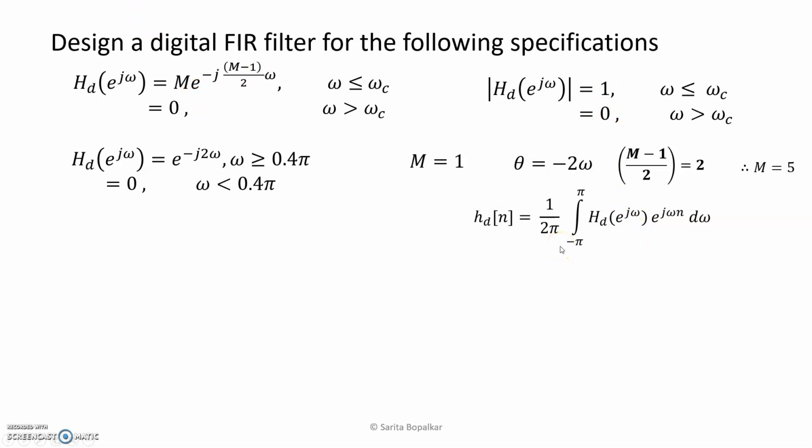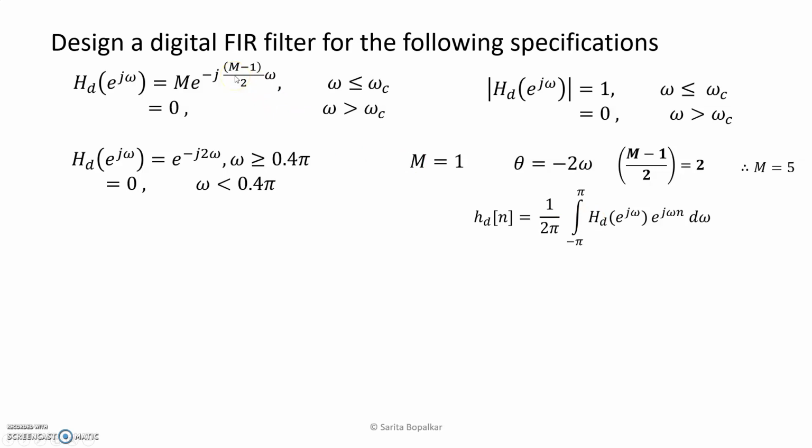In both cases, you will get the sinc pulse. The difference is that when you put the magnitude value 1, you will get the sinc pulse which is infinite in duration and non-causal. So to make it causal, you have to add the shift, and to make it finite, you have to multiply by the window function.